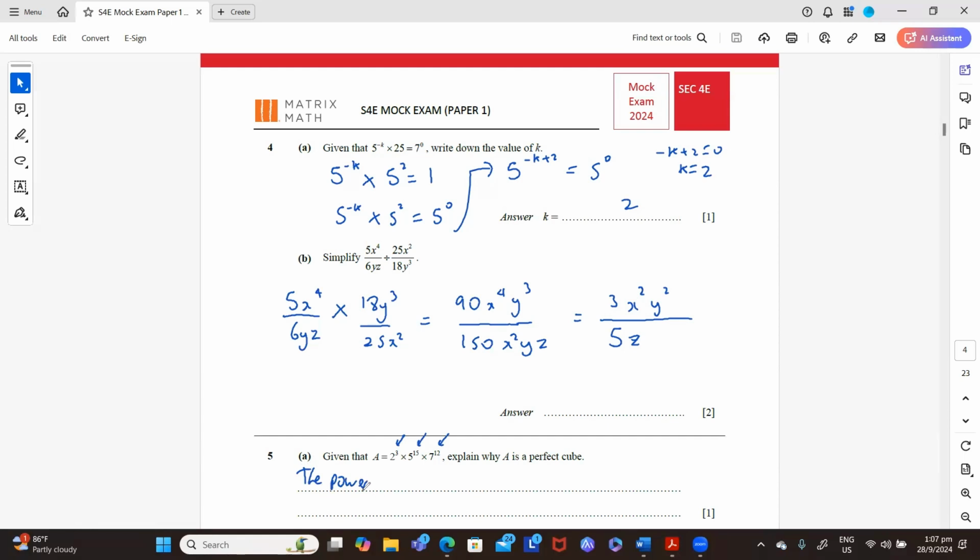So be as specific as you can be. So you notice 2, 5, 7, they actually use prime numbers to factorize a certain number a, right? So write down the powers of all the prime factors are in multiples of 3.